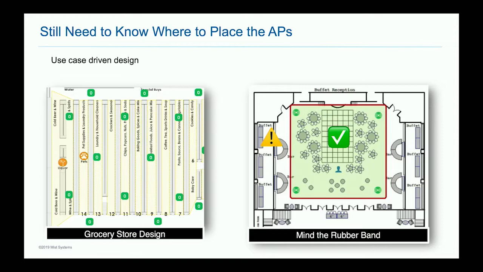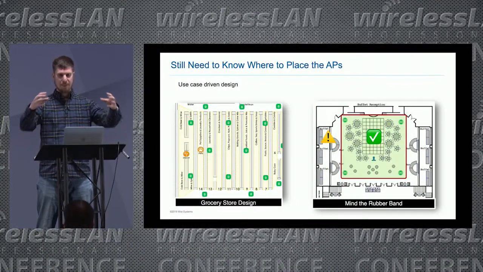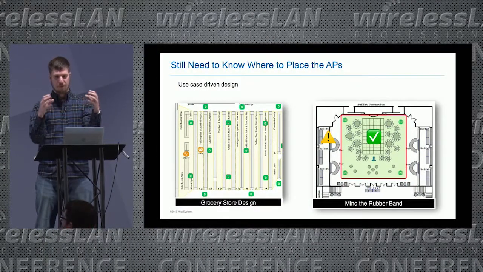For example, on the left here is a grocery store where the grocer wanted location accuracy within the aisles. So they could tell somebody, if you go halfway down aisle 7, you'll get to the cereal or something like that. The other piece is that for most location systems, the best location happens inside of the ring of the access points.